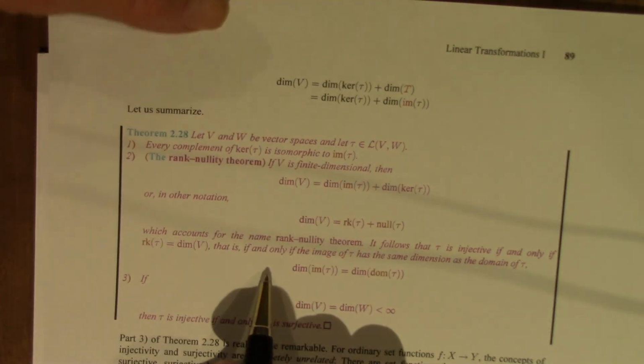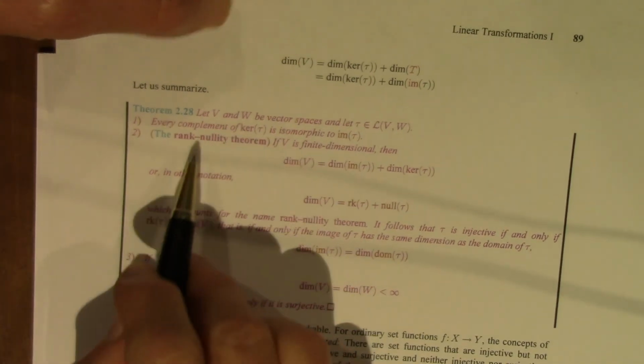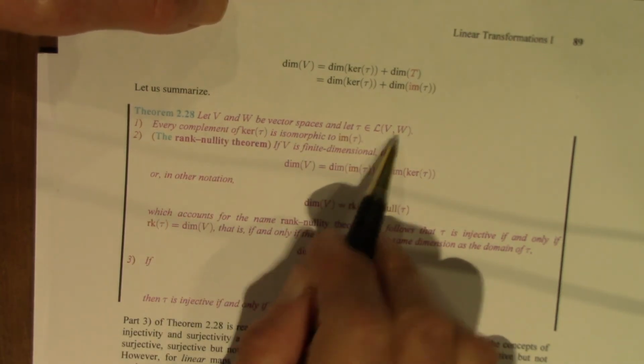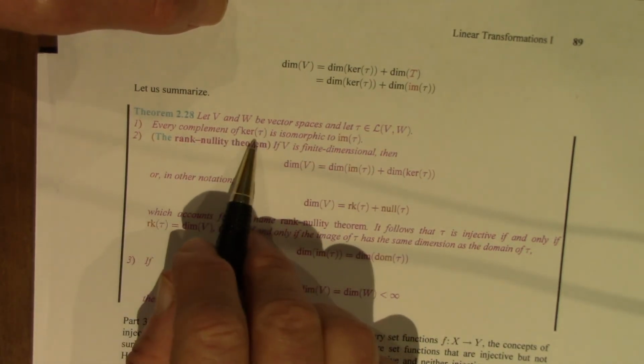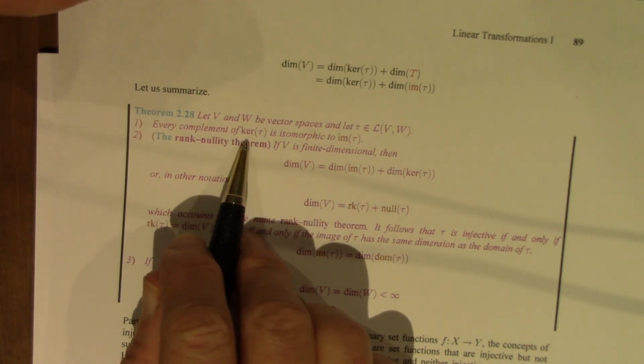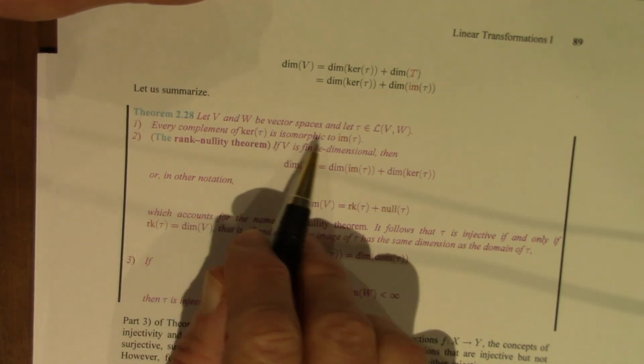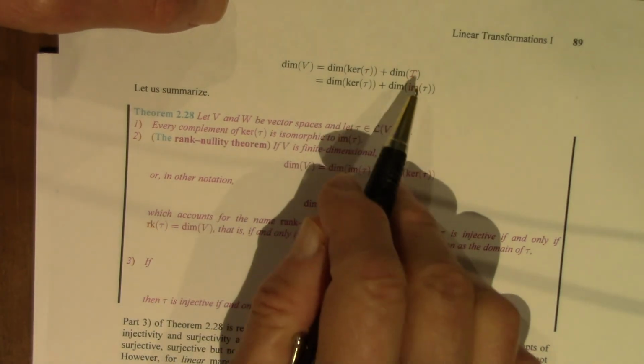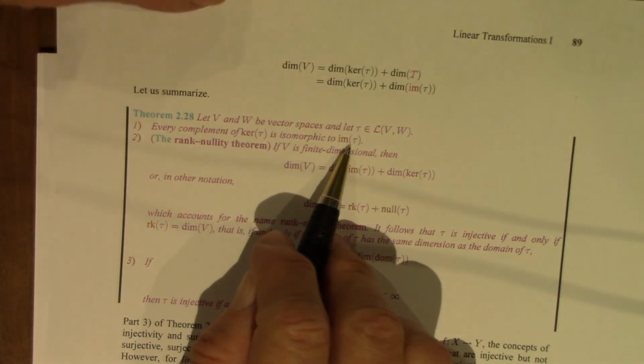Here is the theorem in some more detail. First of all, V and W are vector spaces, tau is a linear map. Every complement of the kernel is isomorphic to the image of tau. T is isomorphic to the image of tau.